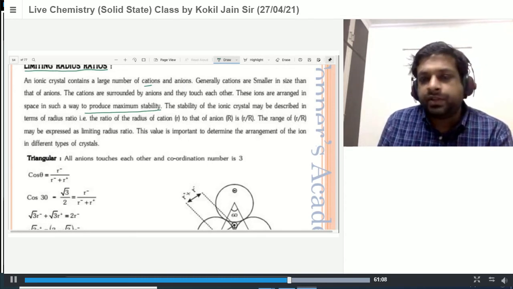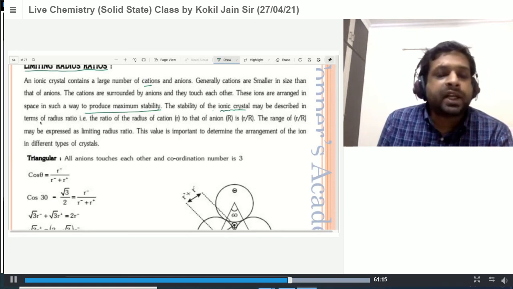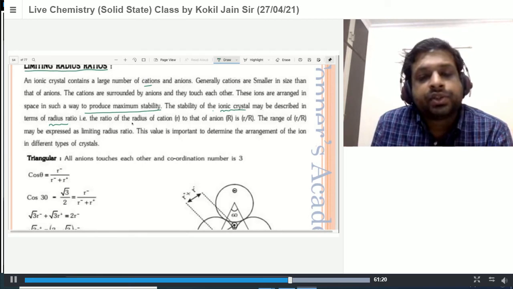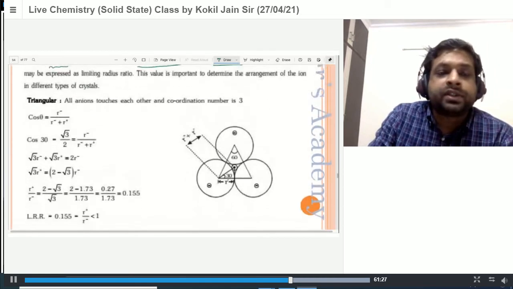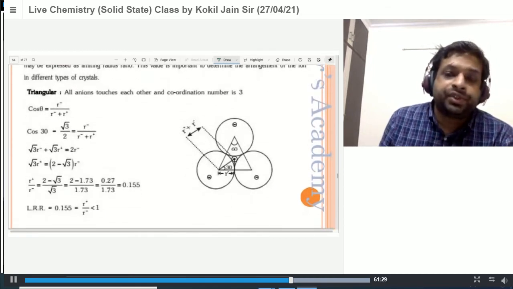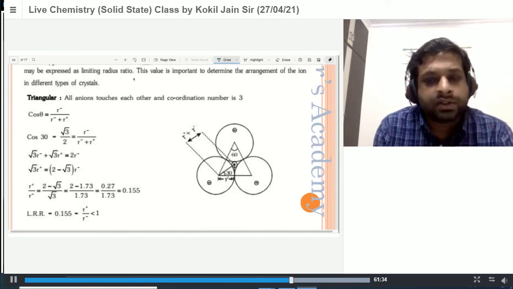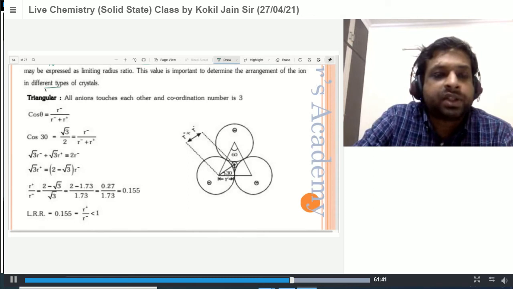Now the stability of the ionic crystal we can describe in terms of radius ratio, that means the ratio of the cation radius to the anion radius. This range is thus called the limiting radius ratio. This helps us in determining the arrangement of the ions in different types of crystals.